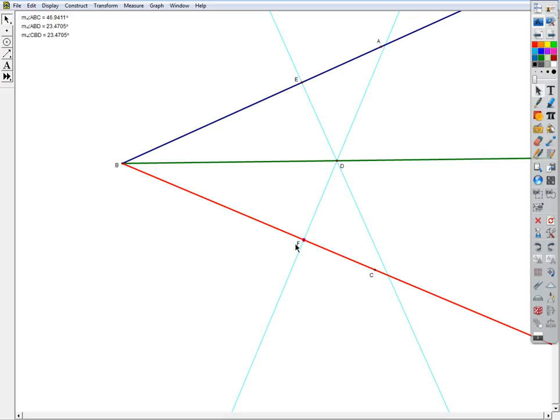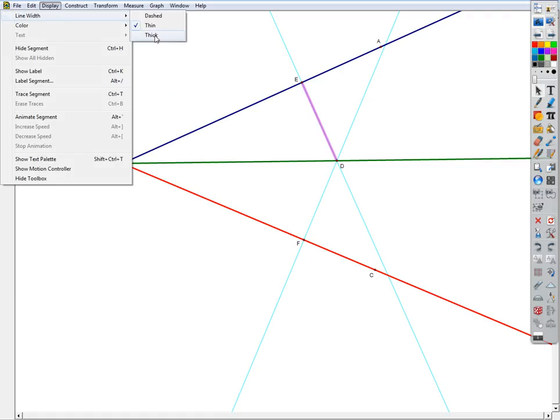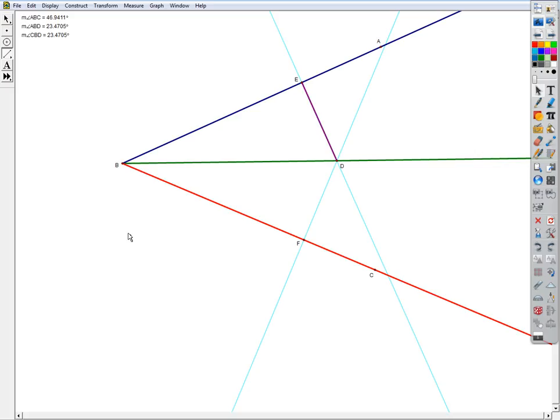Can you hypothesize anything about this? I'm looking specifically at this distance from here to there. So that's the length of segment ED and the length of segment... why did I do that?